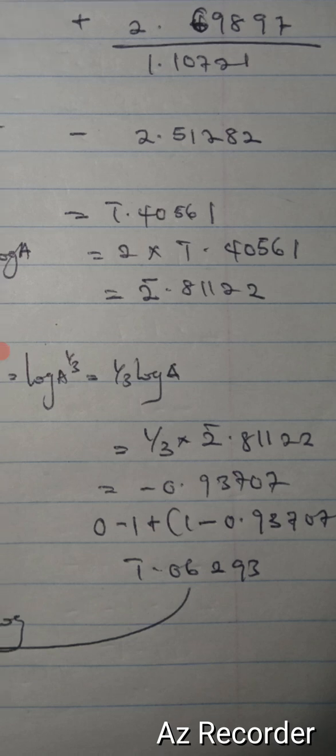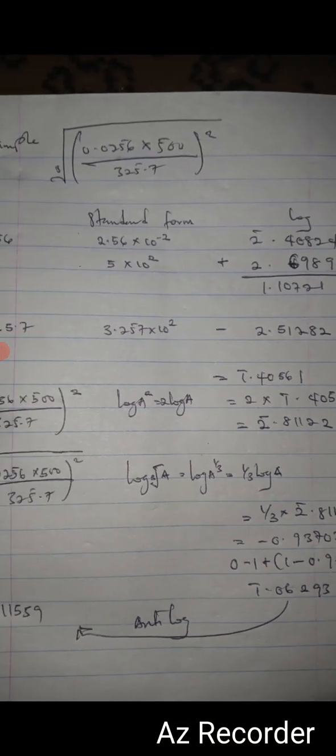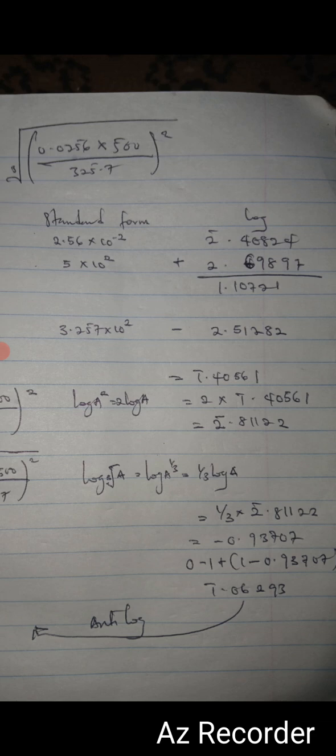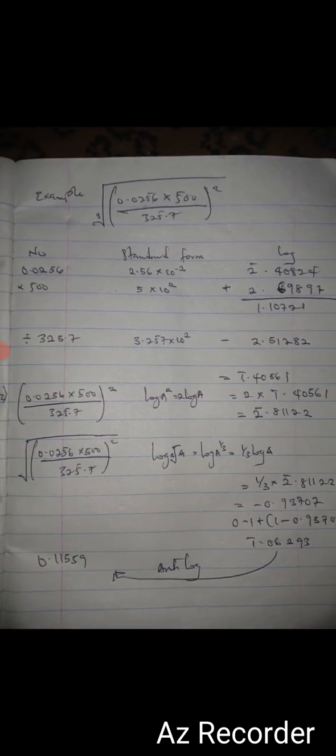Then the next step is that this result we got here, we will convert it back to antilog. Converting it back to antilog is to express this in number. We want to get back our result in number. So how can we do this? First, you take the mantissa value, which is 0.06293.